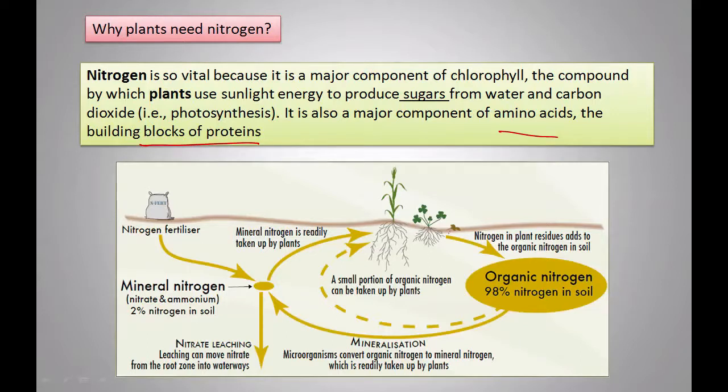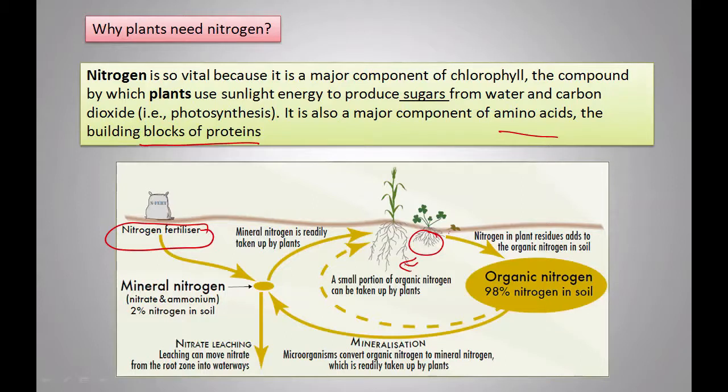Nitrogen can be given by fertilizer, by artificial means, or by legume crops when grown along with the host plant. In the soil, organic nitrogen contributes about 98% of the nitrogen, through microorganisms.